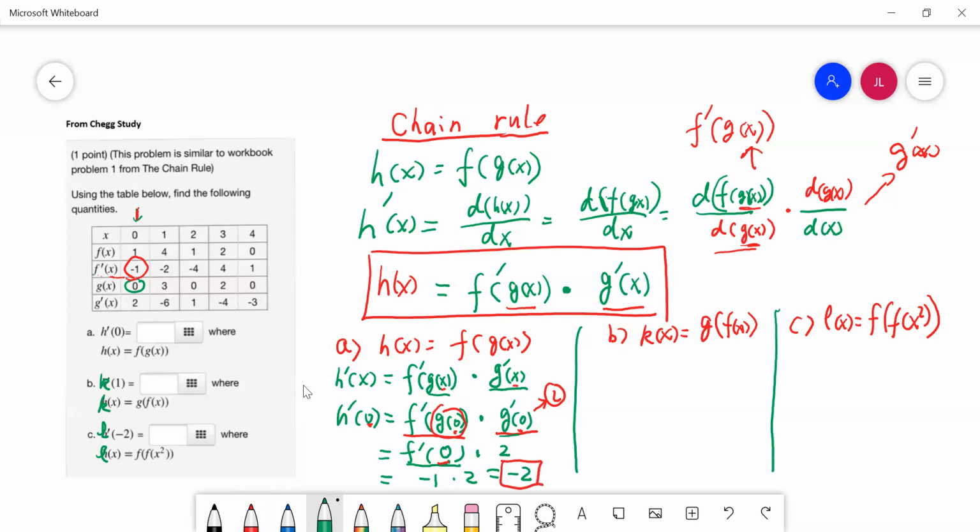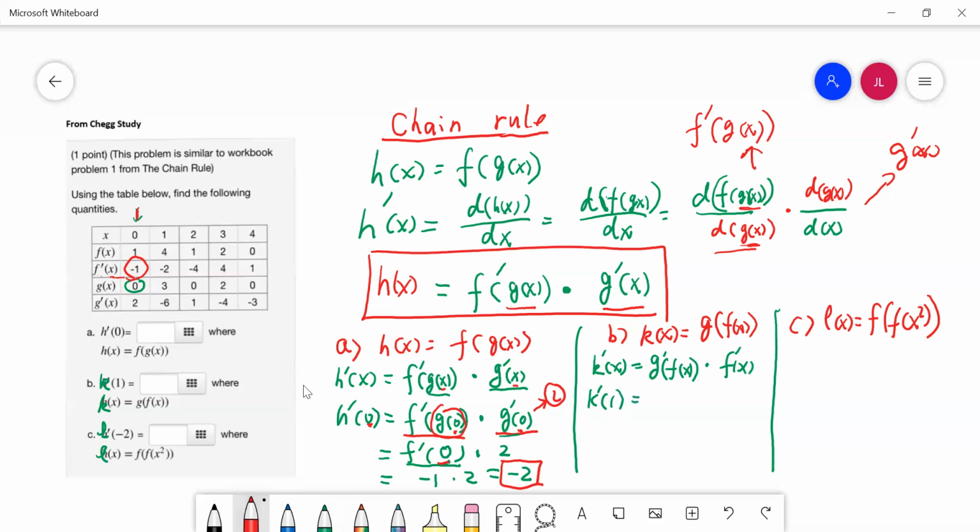Now we can look at B. k(x) is g of f(x). By chain rule, k(x) derivative equal to g derivative with respect to f(x) times f(x) derivative with respect to x. Now we're going to find k derivative at 1.